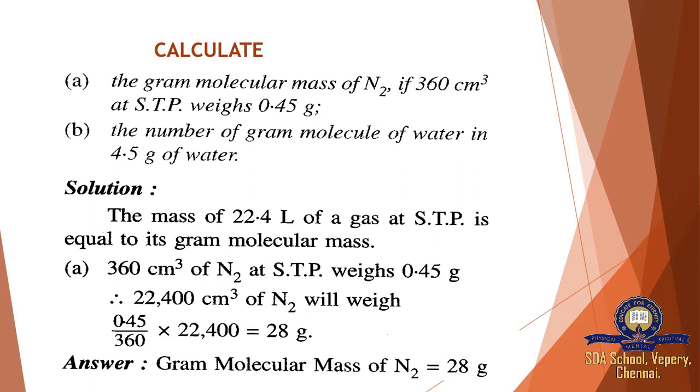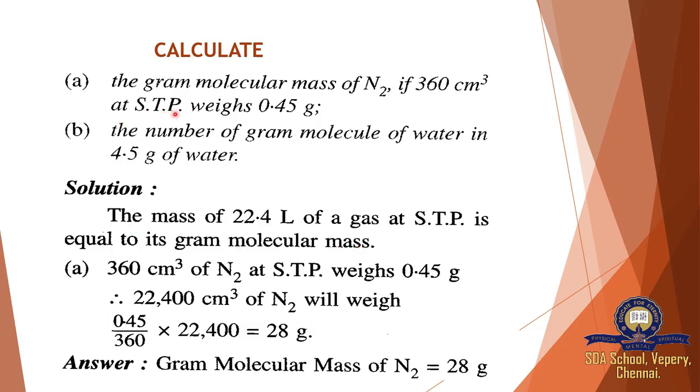Again, we have one more sum. Calculate the gram molecular mass of nitrogen if 360 centimeter cube at STP weighs 0.45 gram. Then, the number of gram molecules in 4.5 gram of water. First, here they have given STP. The mass of 22.4 liter of gas at STP is equal to its gram molecular mass.